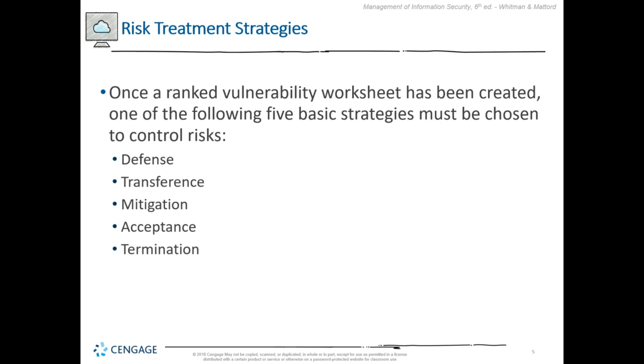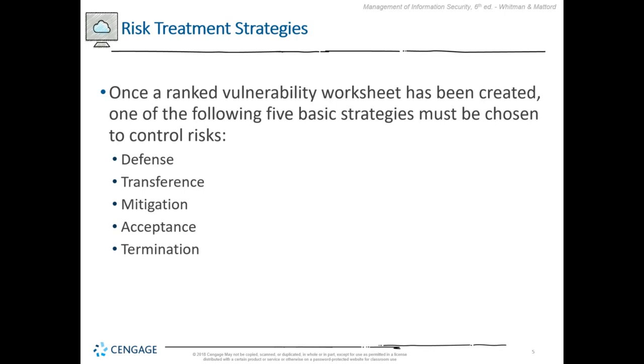Mitigation is the reduction of the risk impact after a successful attack by preparing for its occurrence and the immediate actions needed to deal with the consequences of the attack.